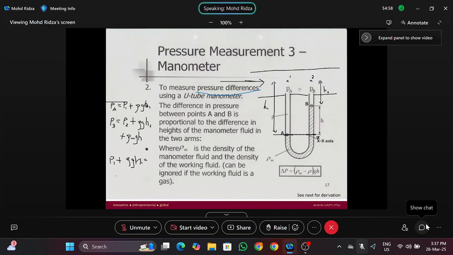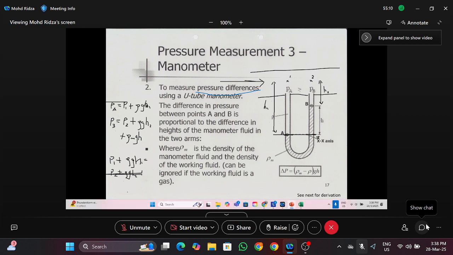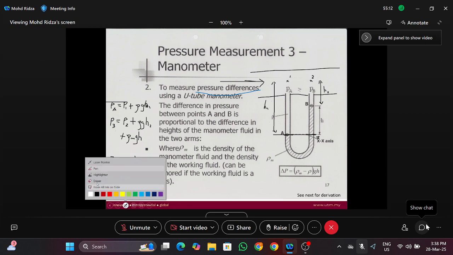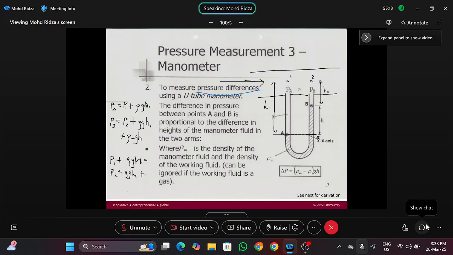What is P3? P3 is P2 plus rho G H2 plus rho M G H.